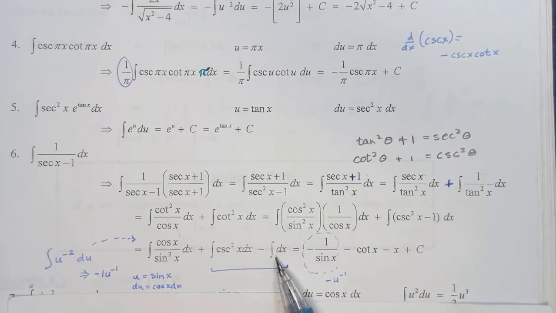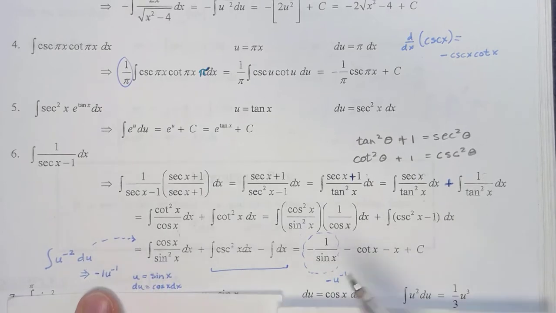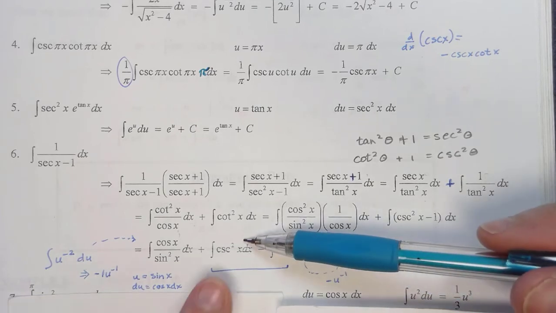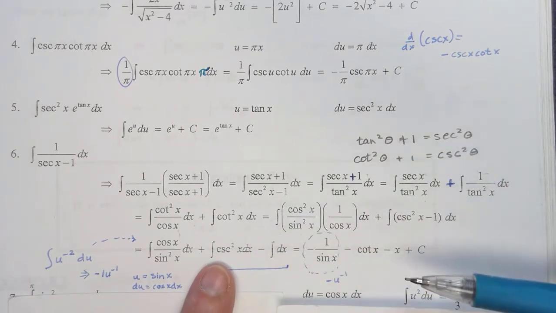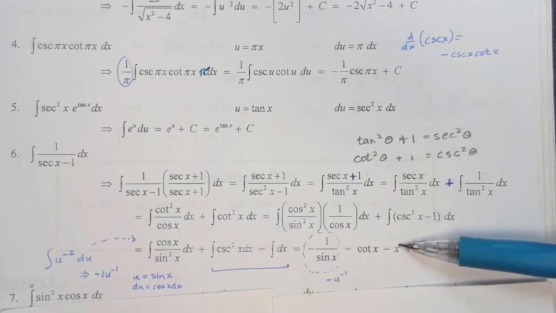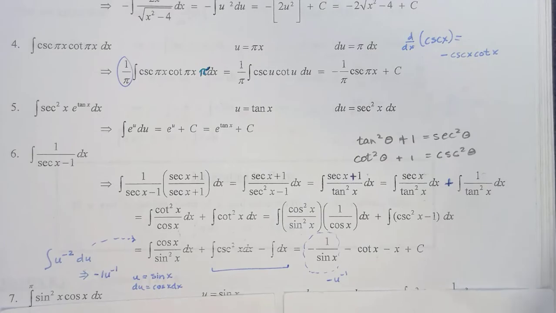And then, of course, the integral of 1 dx becomes x. So I have this right here anti-differentiates to negative 1 over sine of x using that pattern. This anti-differentiates to negative cotangent, and this anti-differentiates to x plus our constant c.